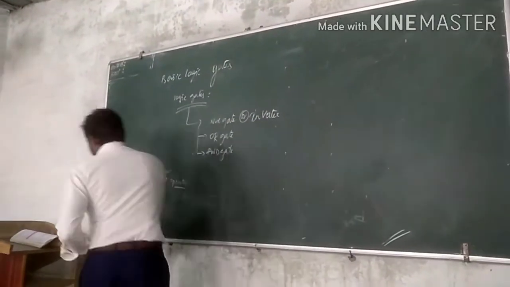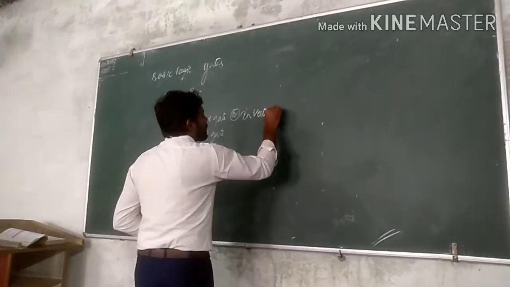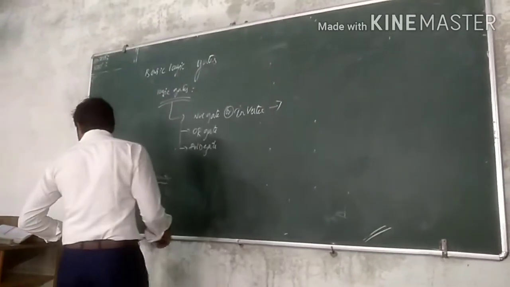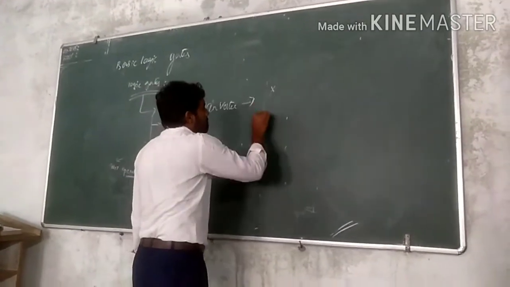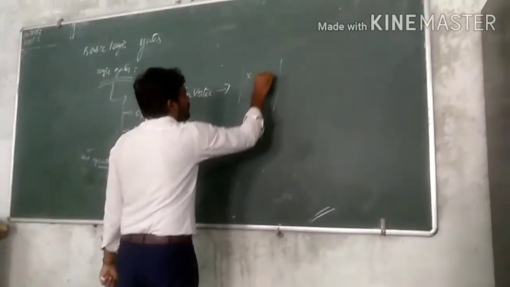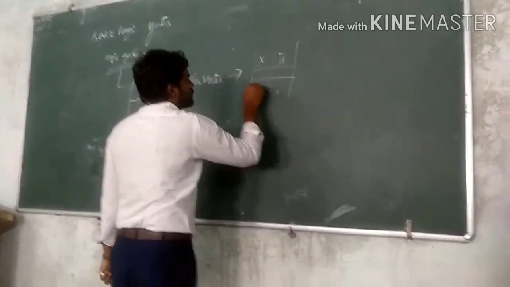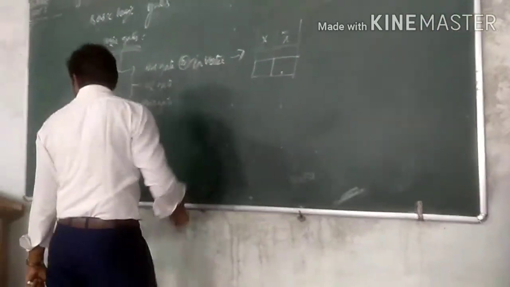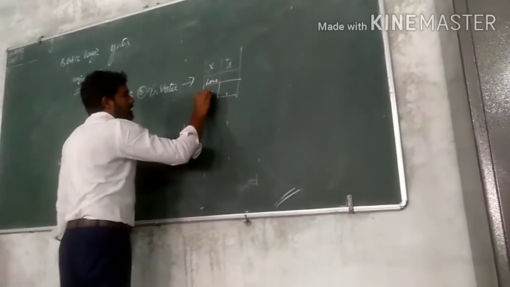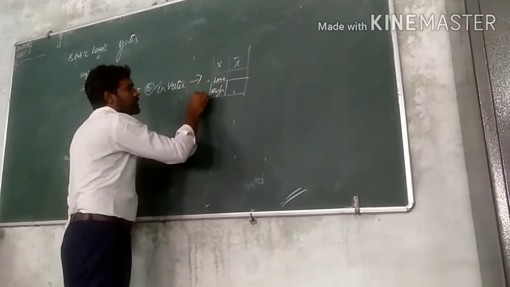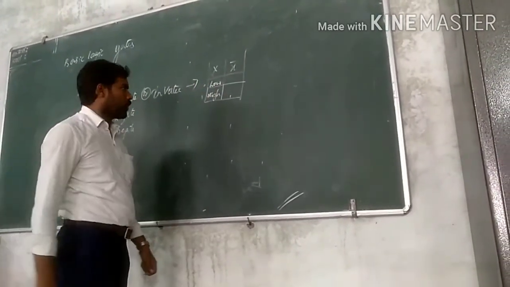The first one, NOT gate. As per the NOT gate, the output is low if the input is high. Low means 0, high means 1.